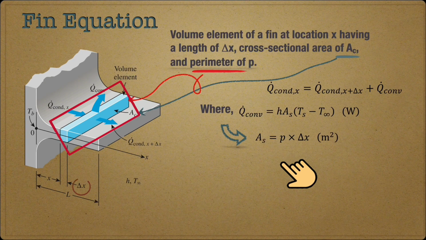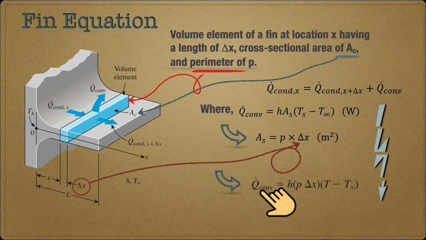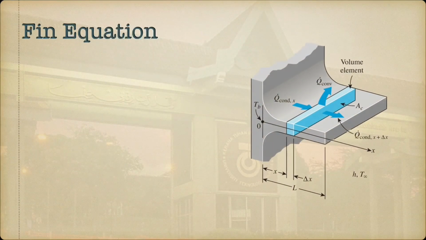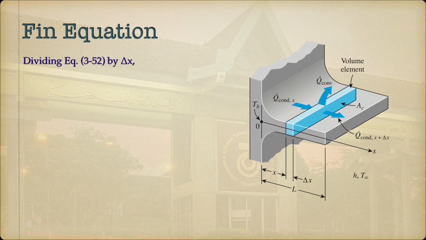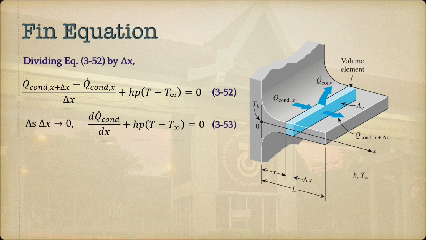Replacing the surface area of the volume and the convection heat transfer in terms of delta x, and dividing the updated equation by delta x as delta x tends to 0, yields equation 353.